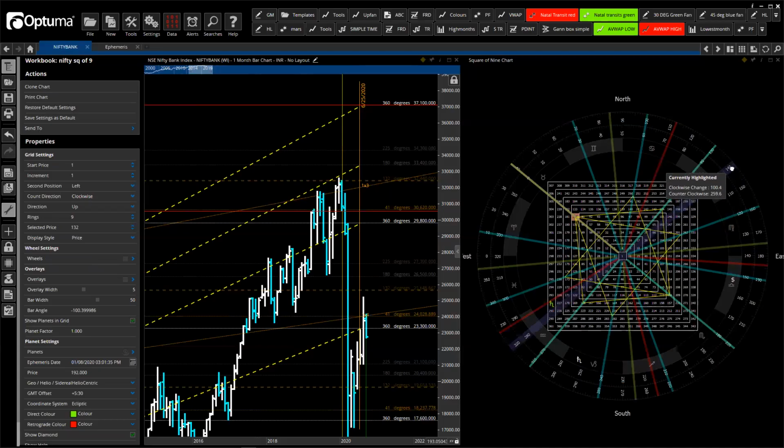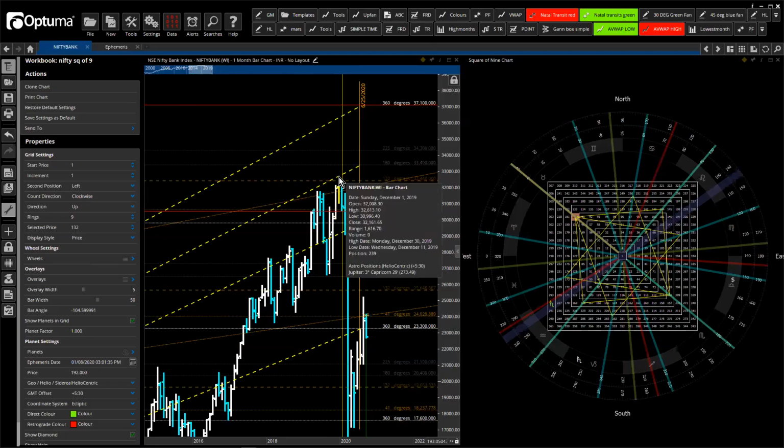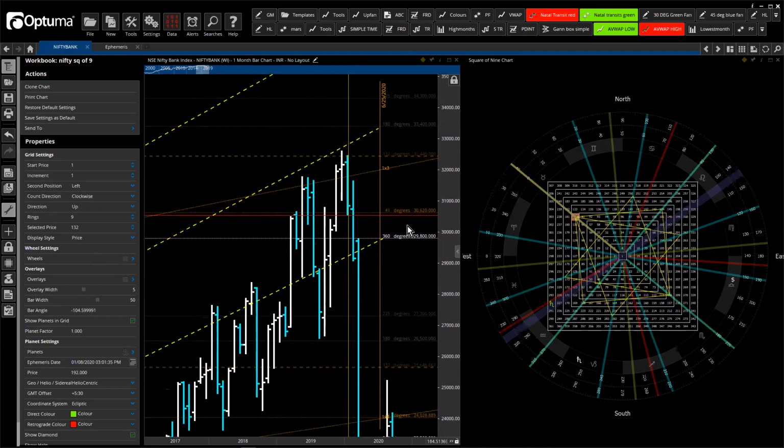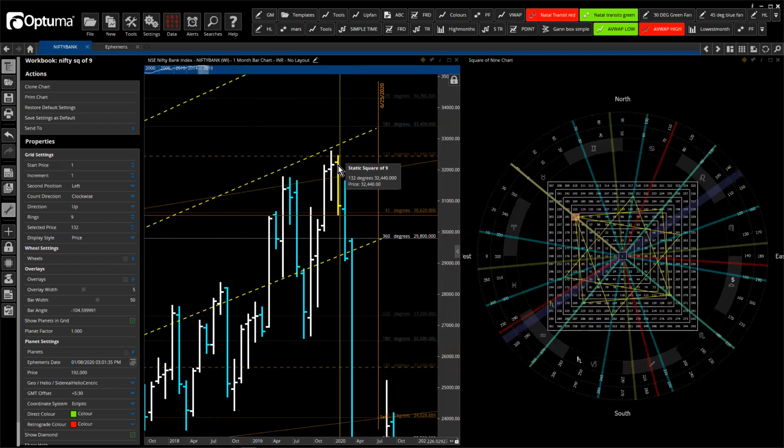So it's not quite in line with heliocentric Saturn, but you can see that heliocentric Saturn is just slightly higher than the price there, and 132 is actually the position of the natal planet as a price. And look where it falls that day, to 41 degrees, the other position within the ring, moves directly down. So it finds this high at the natal position of heliocentric Saturn.